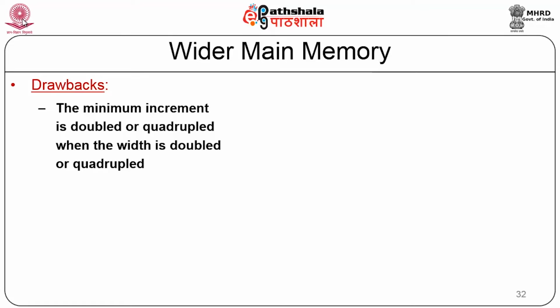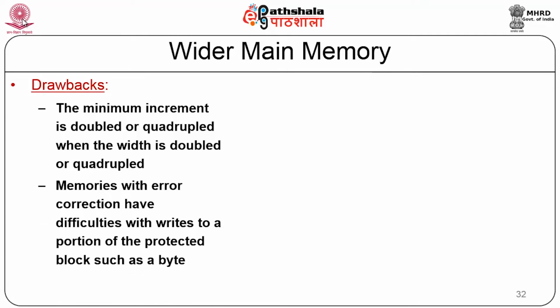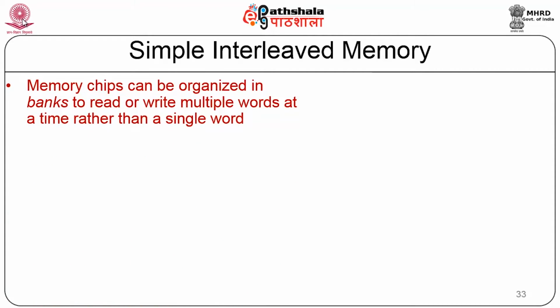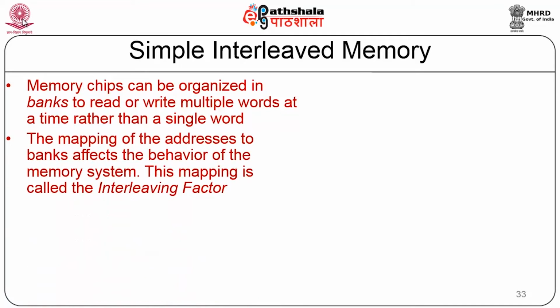The drawbacks of having a wider main memory: the minimum increment is doubled or quadrupled when the width is doubled or quadrupled. Memories with error correction have difficulties with writes to a portion of the protected block such as a byte. So, if you look at a simple interleaved memory, memory chips can be organized in banks to read or write multiple words at a time rather than a single word. The mapping of the addresses to the banks affects the behavior of the memory system.